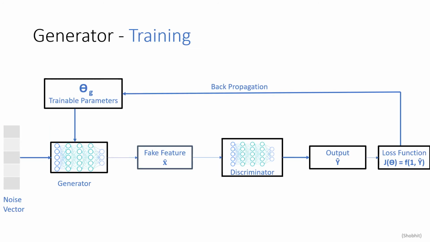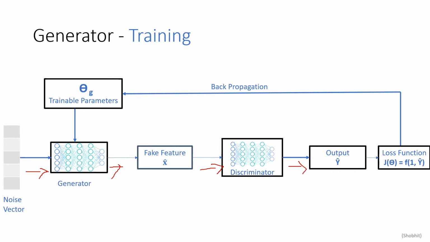Let's see the training of the generator. We give the noise vector to the generator. The generator generates some fake feature X cap that is given to the discriminator. Then the discriminator has to identify with what probability the input features are real and with what probability they are fake.